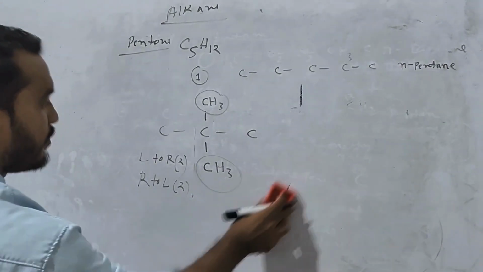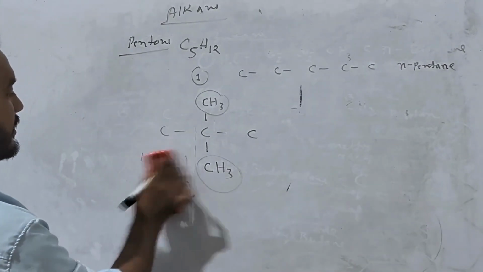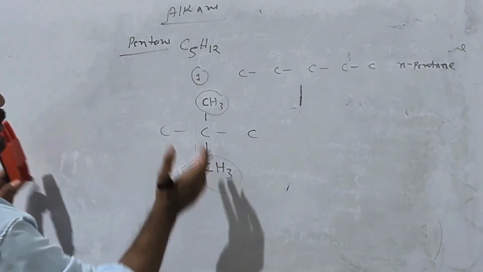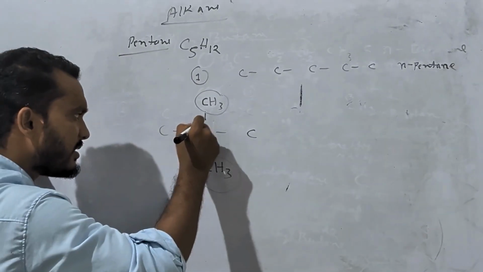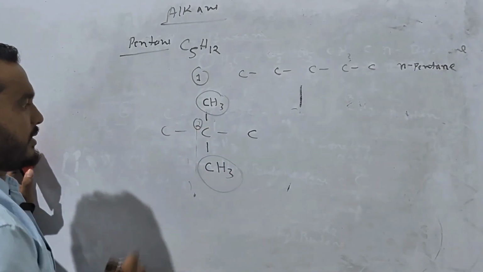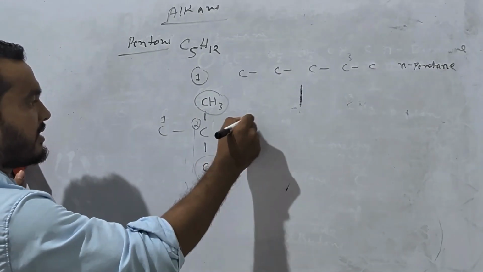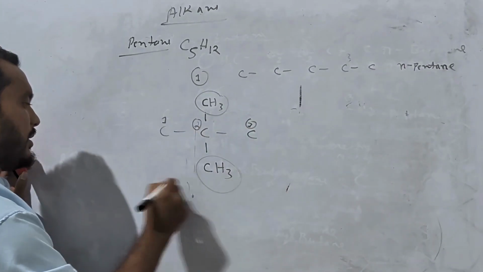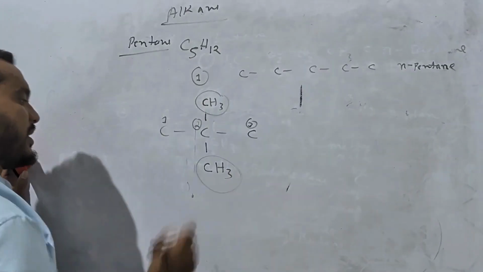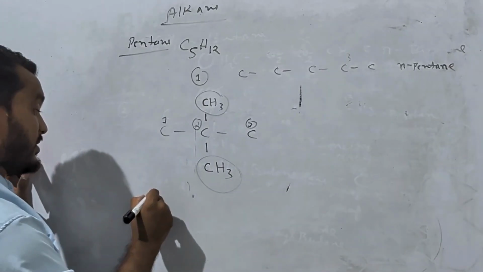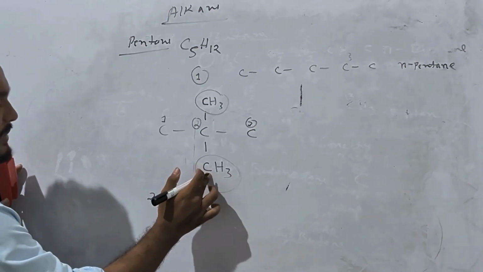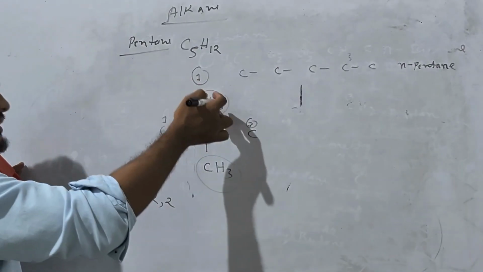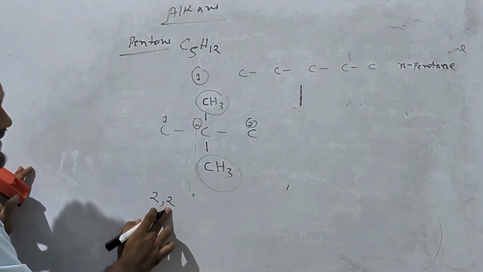So here, how many methyls are there? 2 methyls. Both the methyls are at what position? Second position. So the chemical name of this structure is 2,2, because one methyl is at second position, another methyl is also at second position.